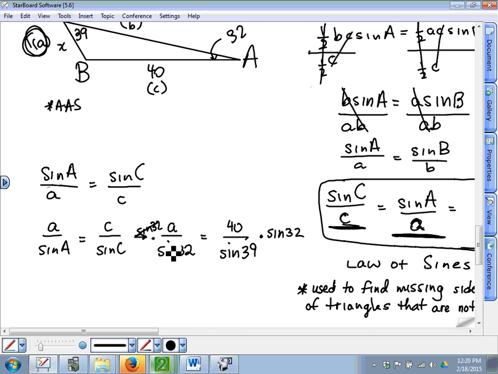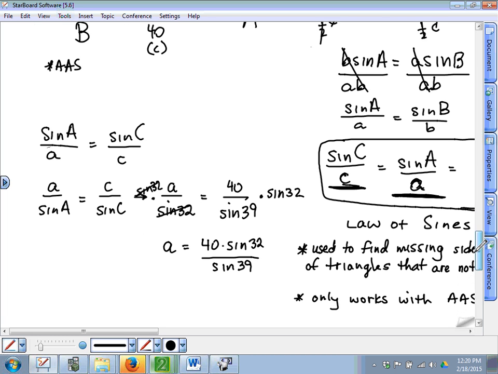If you multiply the sine of 32 and it's being divided by the sine of 32, those cancel each other out, and you're left with A equals 40 times the sine of 32 all over the sine of 39. And this is a calculator problem from here on out.